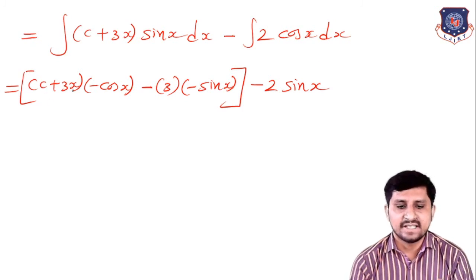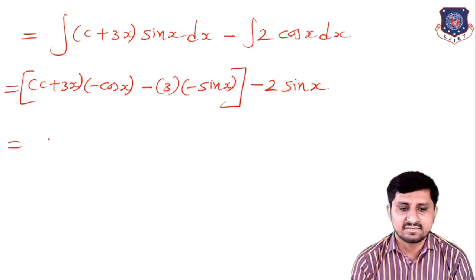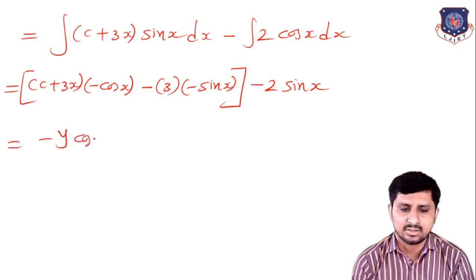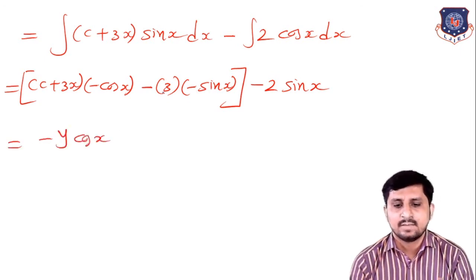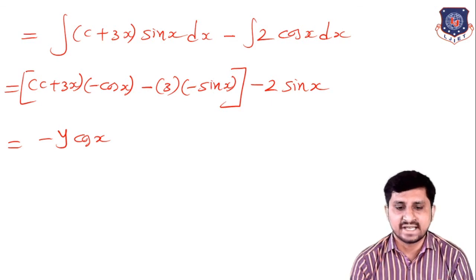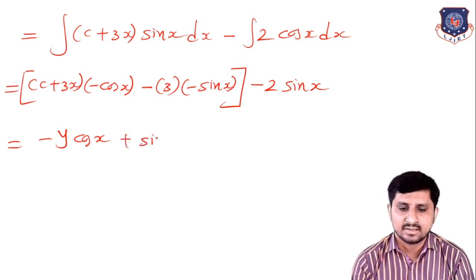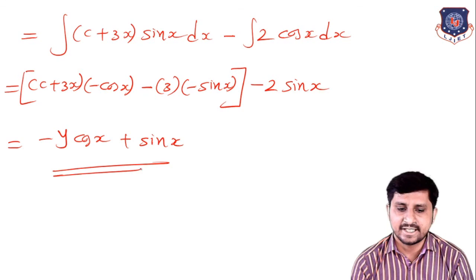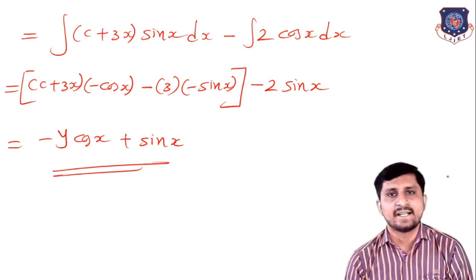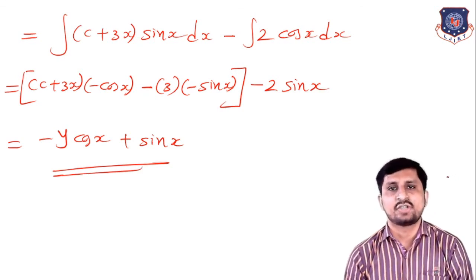Okay, now replace c plus 3x by y. So this is minus y cos x. We can write minus y cos x. This is plus 3 sin x minus 2 sin x. So plus sin x. So this is the particular integral for this example, and don't forget to write general solution.